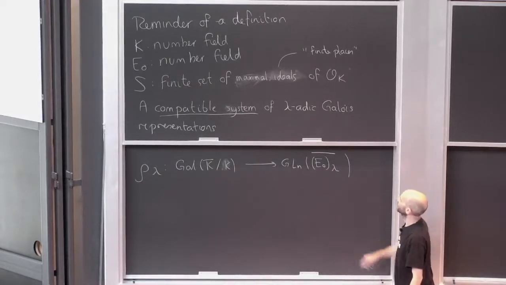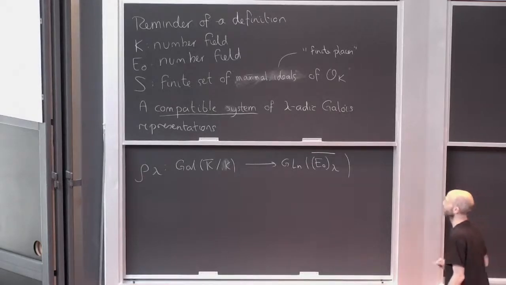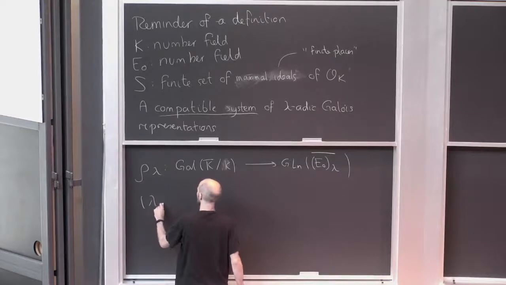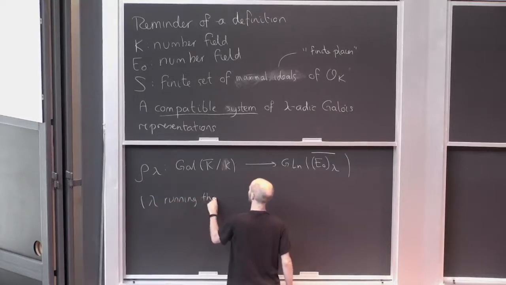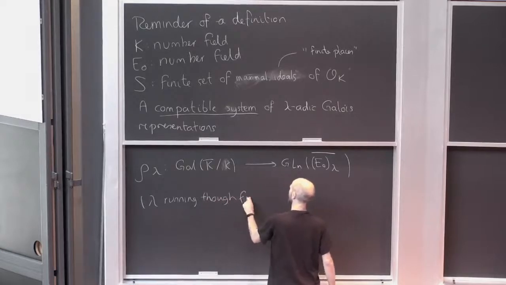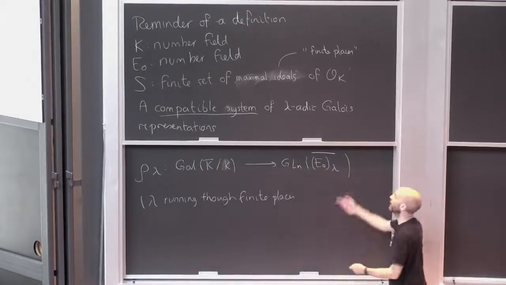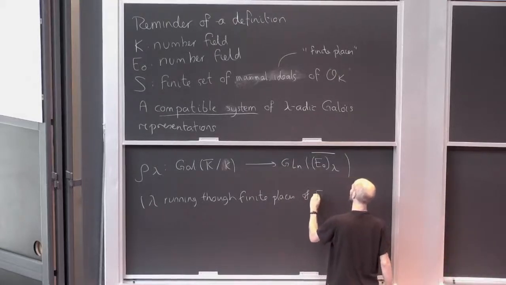A compatible system of lambda-adic Galois representations there. So what's lambda? Lambda is running through the finite places. I haven't really started yet. I'm just writing down a definition we've had already. Lambda running through the finite places of E_0.